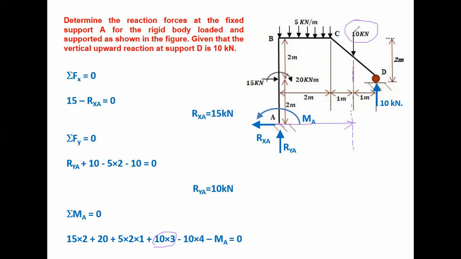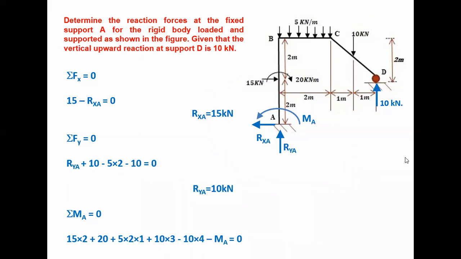Now its direction: this is the force and this is the point about which we are taking the moment. So about point A, this force will try to rotate this whole frame in clockwise direction. We are taking clockwise direction as positive, so we will take a positive sign here. Good.